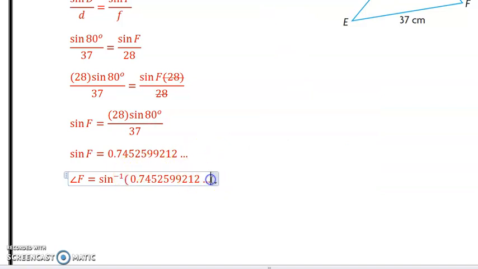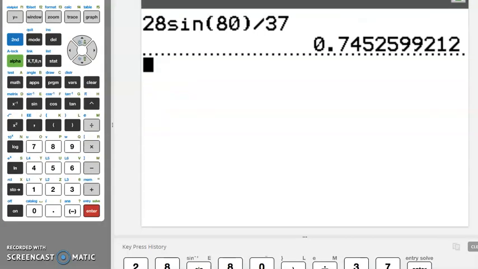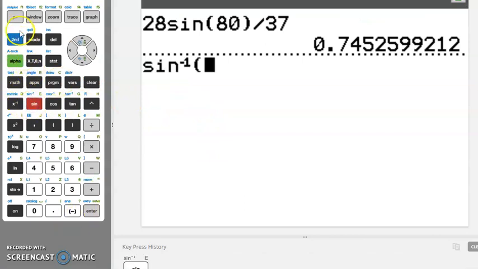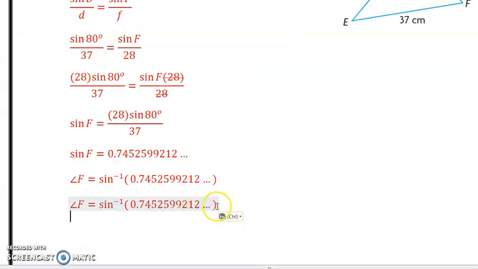Okay? Now again, that's still in my calculator. So once I do that, I get inverse sine, and on my calculator you can do second function answer, and what that does, it brings that number down, or you can just write that number in. Okay, it's up to you. And I hit enter, and I get 48.1814.